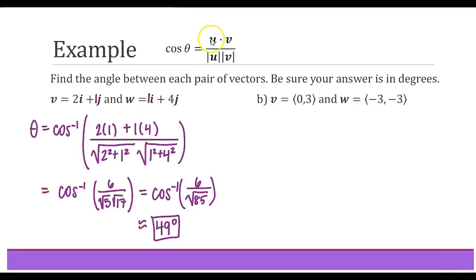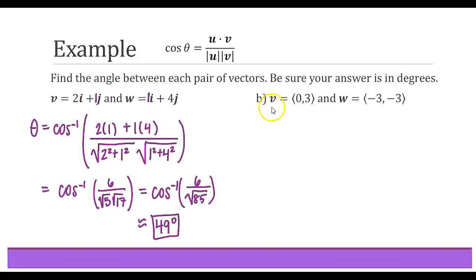So it's really just the dot product and then the magnitude formula for the given vectors. And we'll go ahead and do the same thing over here. So we have theta is equal to cosine inverse, and we're going to have the dot product.